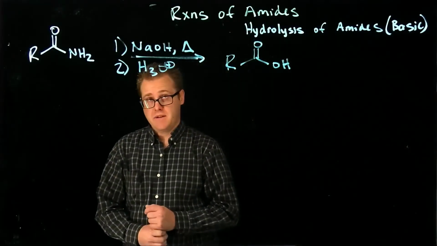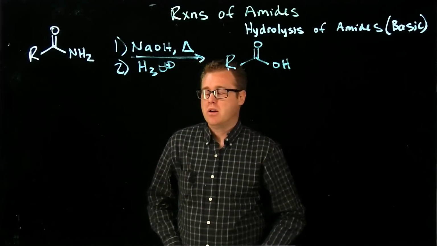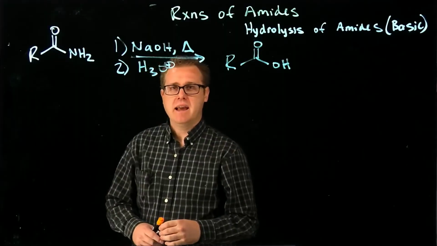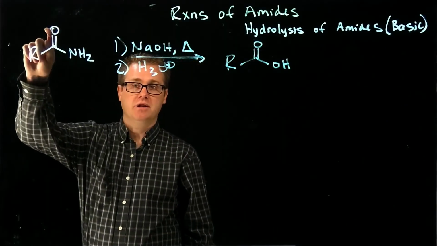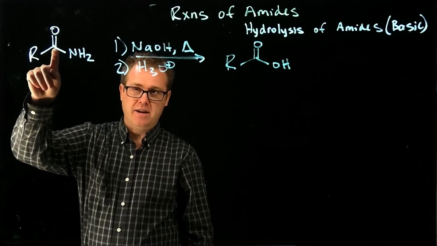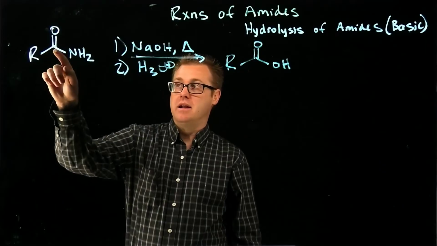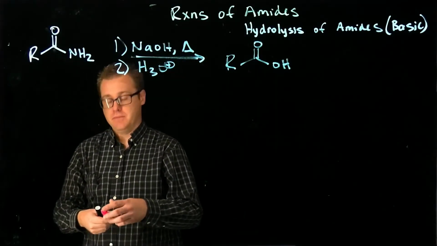Hydrolysis of amides under basic conditions is even slower than acidic conditions. Now why is that the case? Because under acidic conditions you protonate this oxygen, which activates that carbonyl carbon. Under basic conditions, that carbonyl is not as activated.